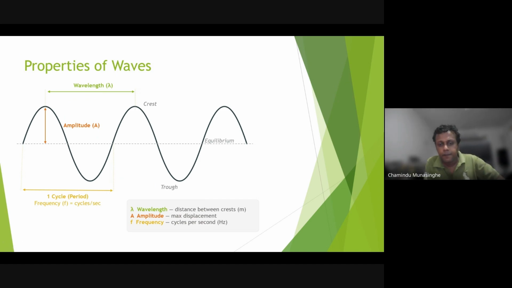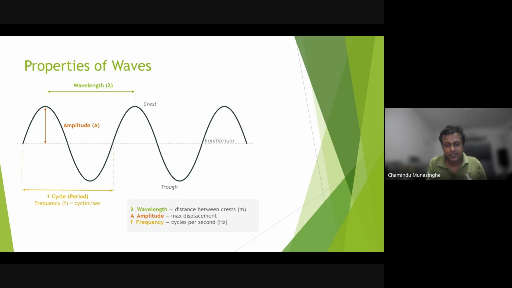What are some properties of a waveform? There are certain properties that we are interested in when we describe a wave. To fully describe the waveform, we need a couple of these parameters. For example, the amplitude of a waveform is basically the maximum displacement.